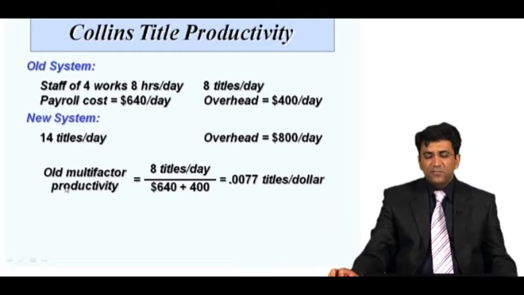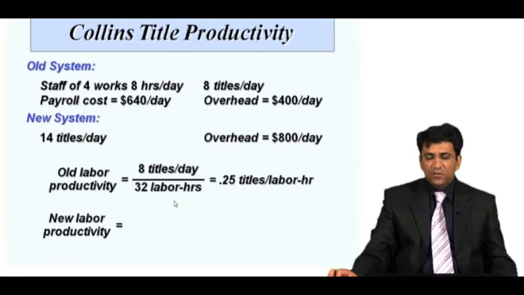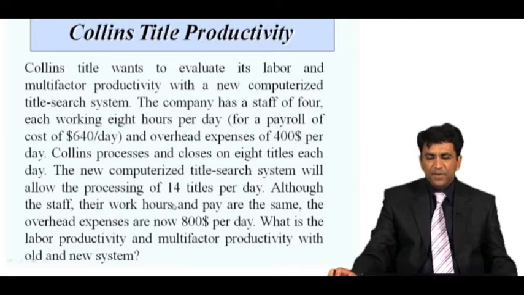Now in this particular case, we are interested to take the input, that is the overhead cost as well as the other cost which is given in this particular example. You can see we are provided with 2 types of cost, that is the payroll cost of $640 per day and overhead expenses $400 per day, which were before for the old system.